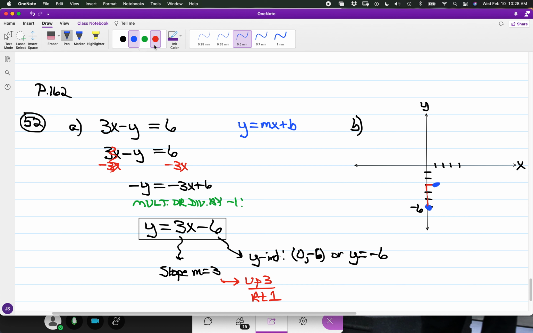Kind of like a staircase pattern. Again, up 3 units and out to the right 1 unit. And so among your ordered pairs, you have (2, 0), (1, negative 3), and (0, negative 6).